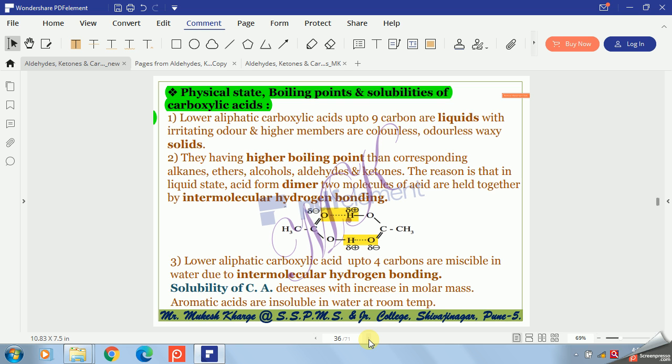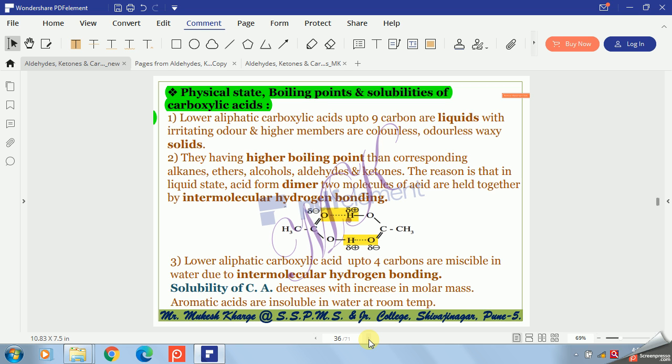Then second one is they have higher boiling point than corresponding alkanes, ethers, alkanes carbon-carbon single bond, ethers C-O-C, alcohols means -OH, aldehydes means CHO, and ketone means C double bond O. Sorry, C double bond O dash.